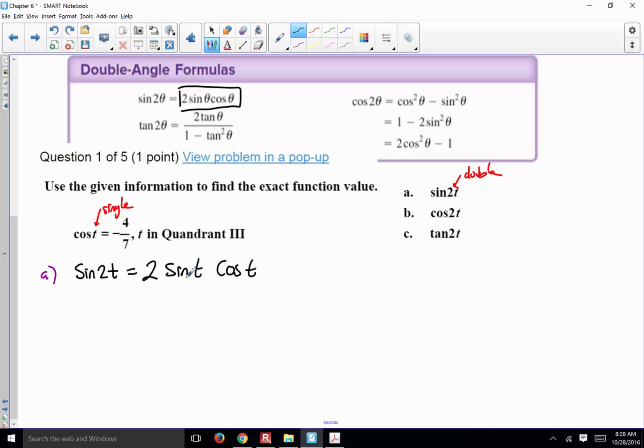In the double angle formula, I need to know 2 things: what sine t is and what cosine t is as well. So this is given. They didn't give me sine t, and I'm stuck.